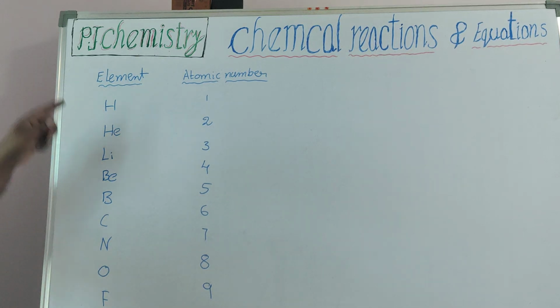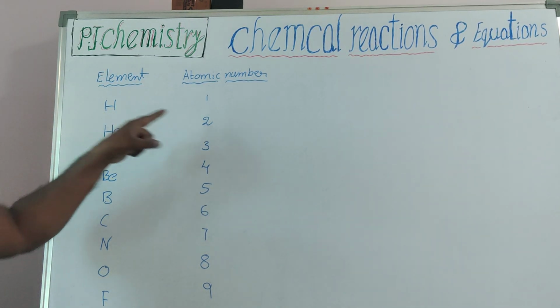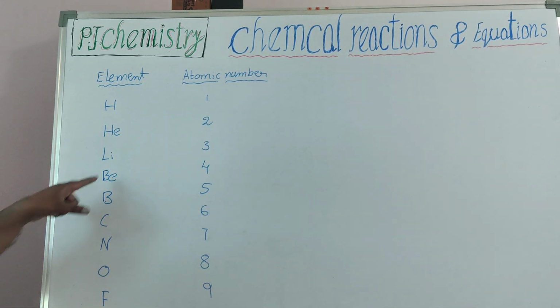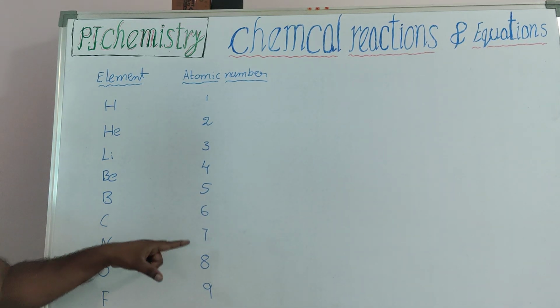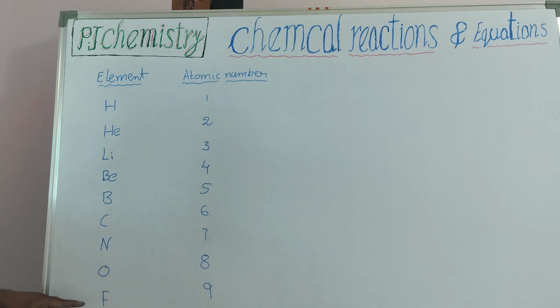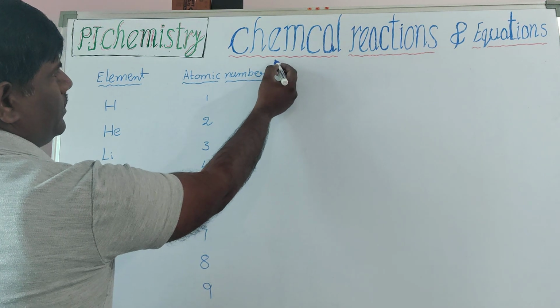So 1 to 10: hydrogen 1, helium 2, lithium 3, beryllium 4, boron 5, carbon 6, nitrogen 7, oxygen 8, fluorine 9, neon 10.